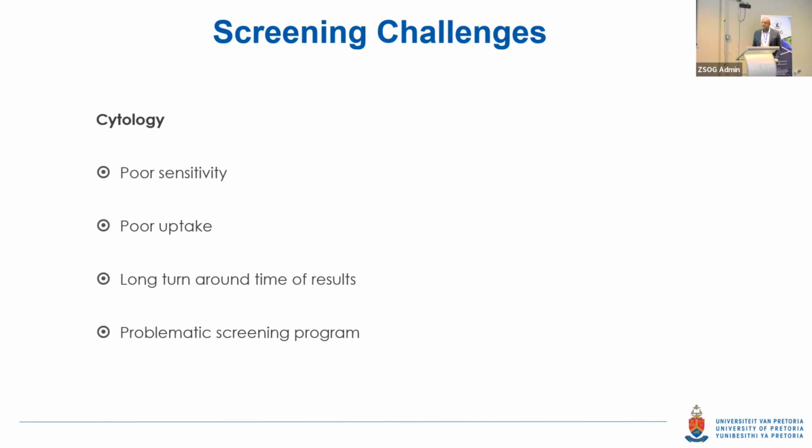Our program was also a 10-year program, starting at age 30, so we were encountering a lot of problems. The other issues were poor uptake of the cytology program, long turnaround time for results, and a problematic screening program, as I indicated earlier.